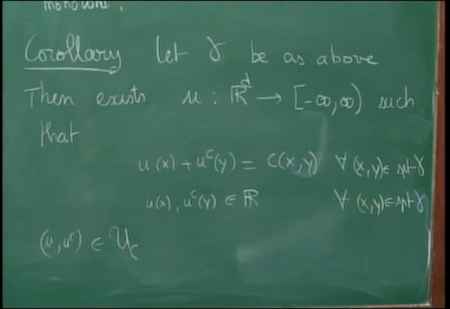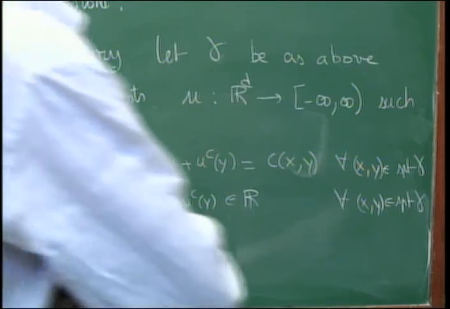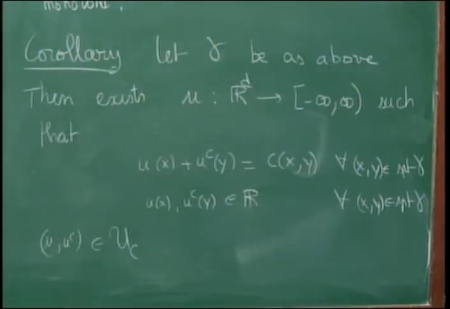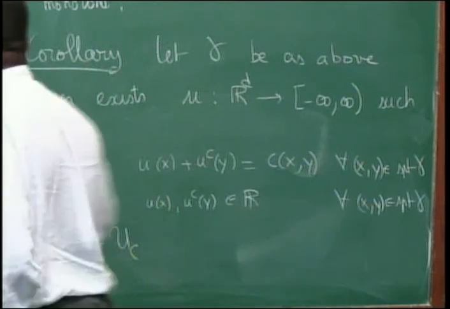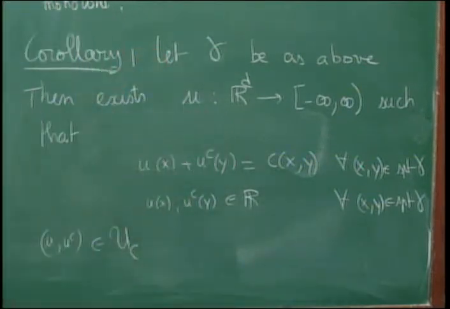So this is a consequence of the theorem before this and the fact that the support of gamma is c-cyclically monotone. Call this corollary 1, corollary 2.